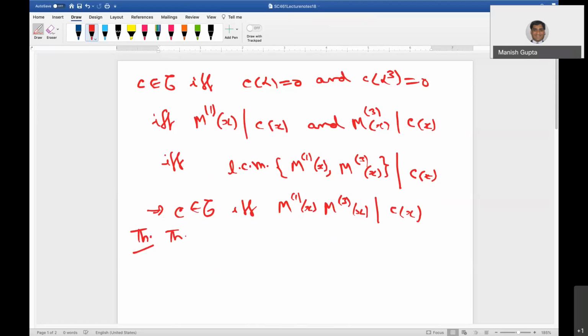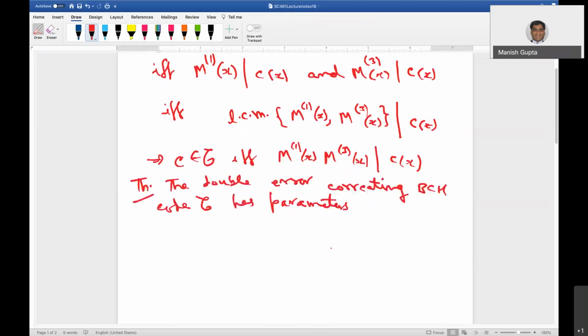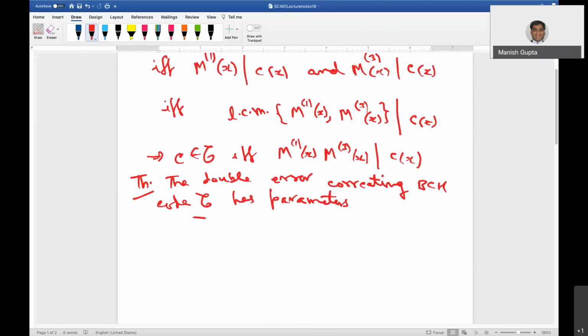The double error correcting BCH code C has parameters: length 2 raised to power m minus 1, which is our n, dimension n minus 2m, because we have added extra rows, and d at least 5 by design.